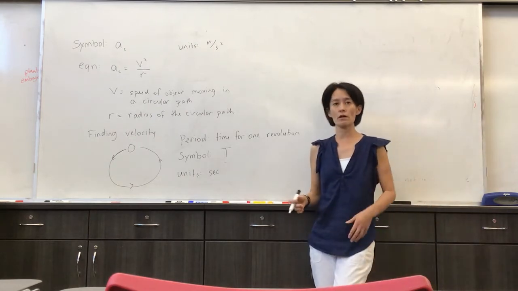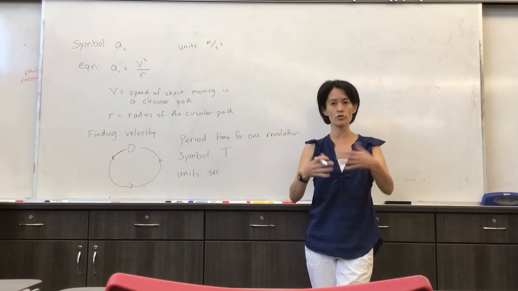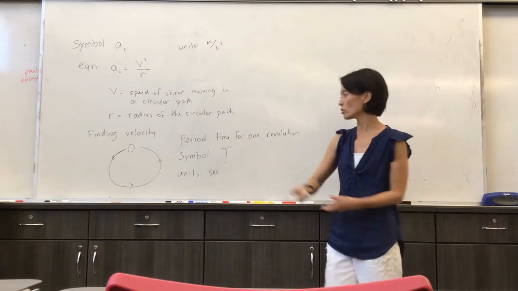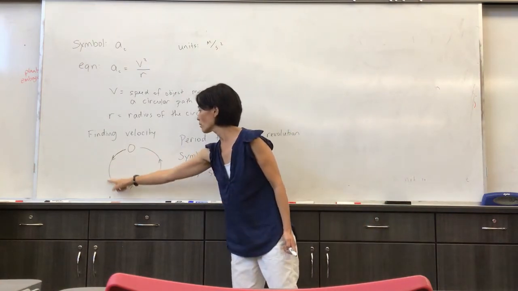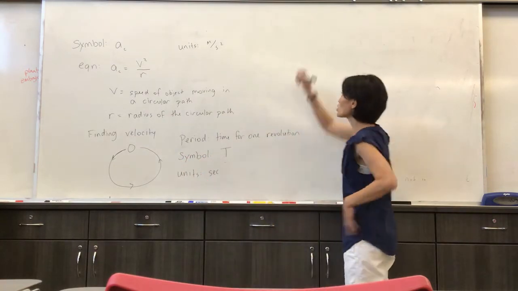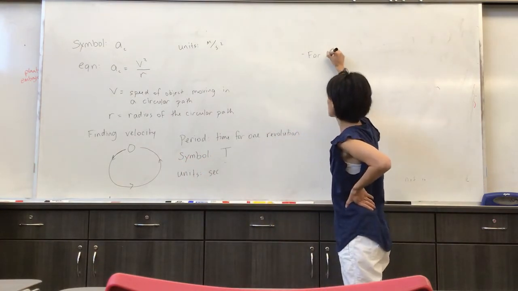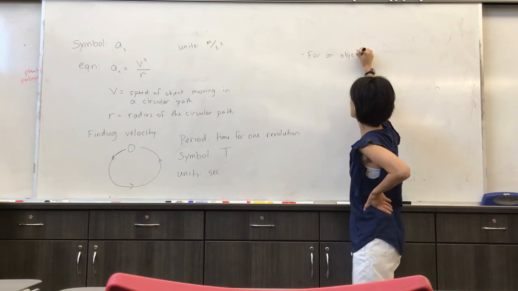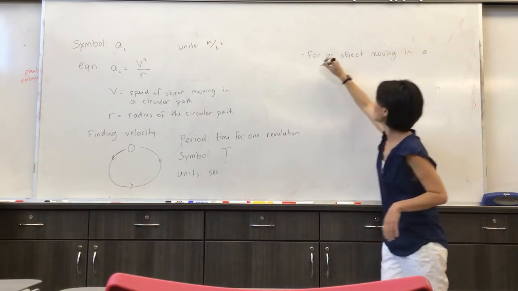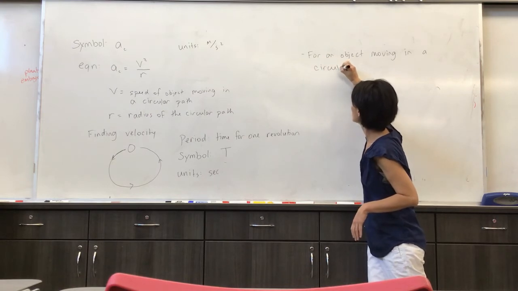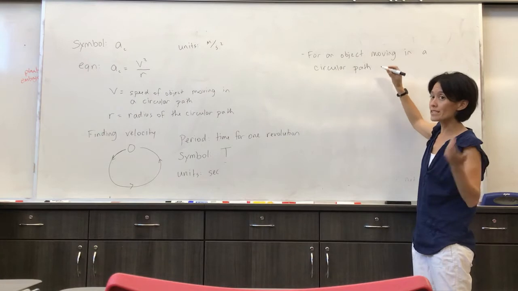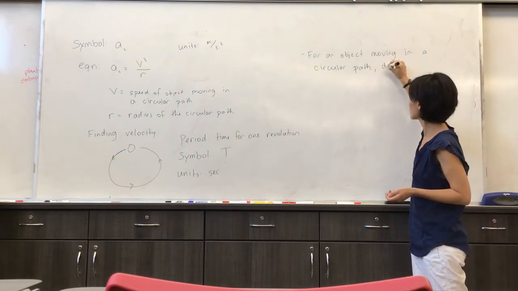Velocity is just how quickly something travels a certain distance. Well, if I think about the distance of something going in a circle, like start here and I go all the way around, that distance is just the circumference. So for an object moving in a circular path, distance traveled is just going to be circumference.